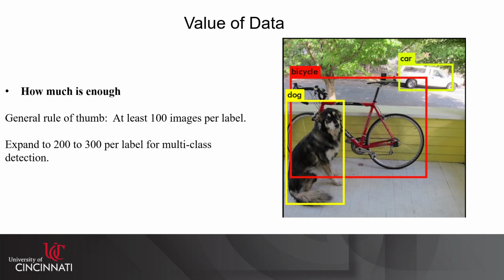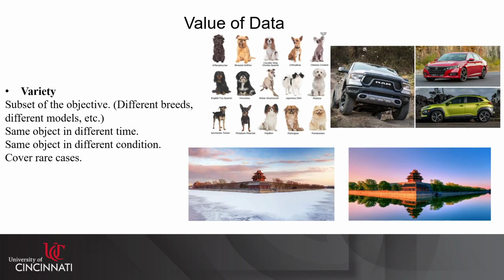So if you want to build a complex model like that, you will need to expand your training data to 200, 300, maybe even more training data per label. And then we also need to cover the variety of data. As I mentioned earlier, we have to cover those rare occasions, and at the same time, we also need to notice what our potential goal for our model is.